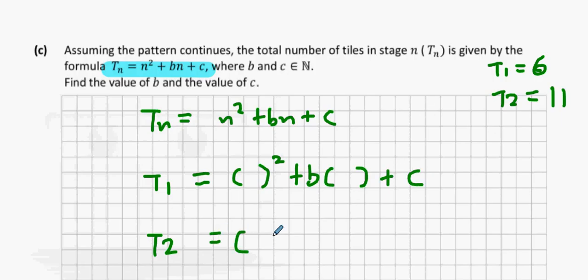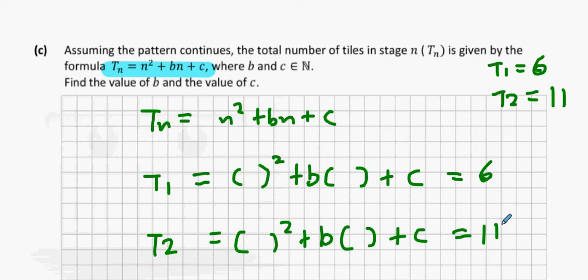No, you don't replace N with 6. The answer is 6, and that answer is 11. But what do I put in the brackets? I put in 1 and 2, don't I? Because the first one is T1 and the second one is T2.